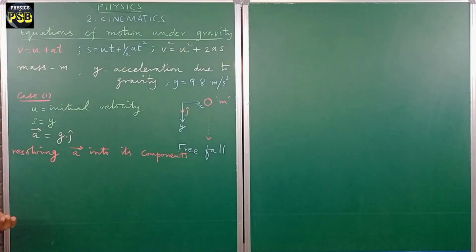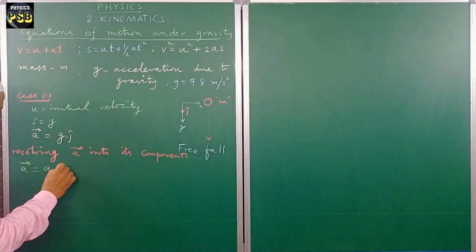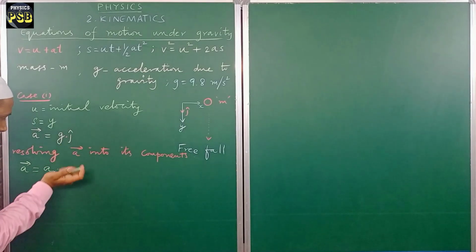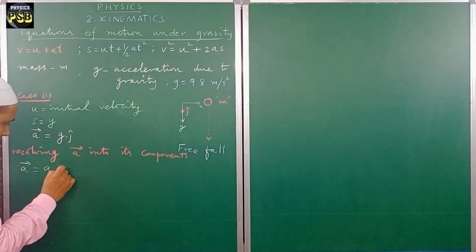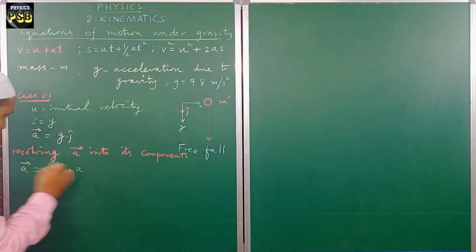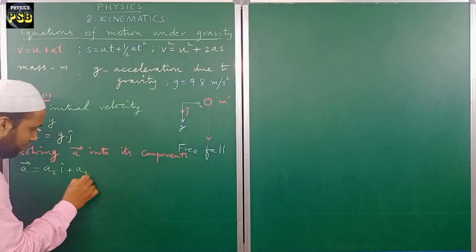What I will get if I do so? Let's see. A vector is written as Ax acting along the x-axis. So the unit vector along the x-axis is nothing but i cap, plus the component of the vector along the y-axis is Ay.